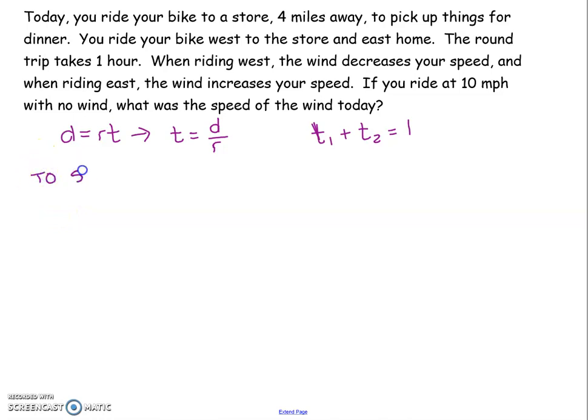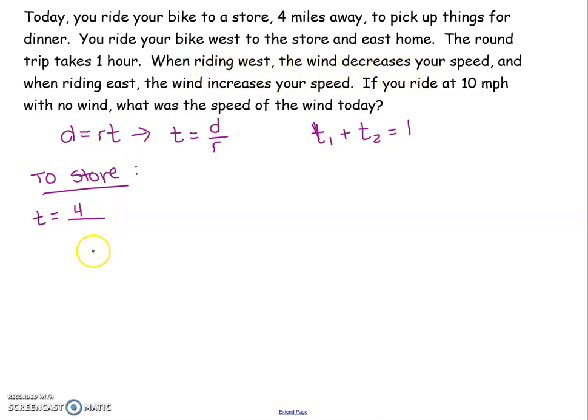So to the store, we're going west. So to the store, the time is going to be our distance, which is 4 miles to the store. So both to the store and back home, it's going to be 4 miles. And then the rate: since we're going to the store and the store is west, it says when riding west, the wind decreases your speed.